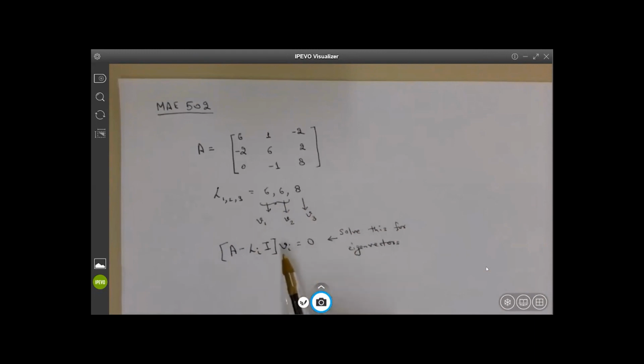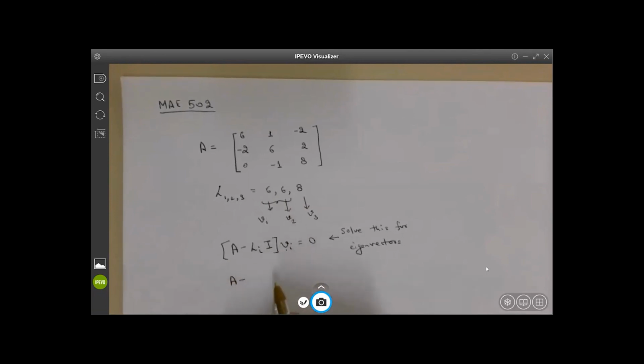Linearly independent means they will not depend on each other. So I will have a distinct eigenvector for each one of the distinct eigenvalues. But when I have the same eigenvalues, I may or may not get independent eigenvectors.